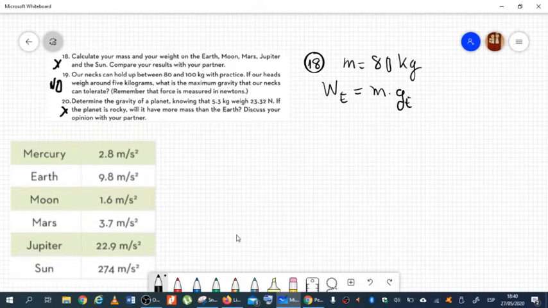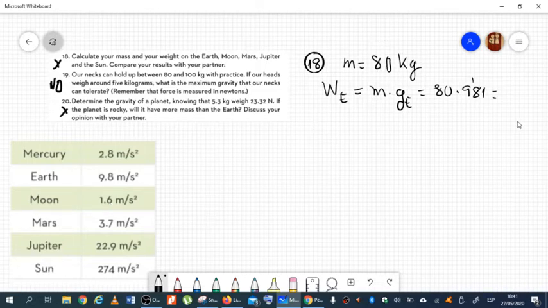The gravity on Earth is not here, but we know that it is 9.81. So it is 80 multiplied by 9.81. Imagine you had this mass, but you have to change on the exercises this 80 for your mass.